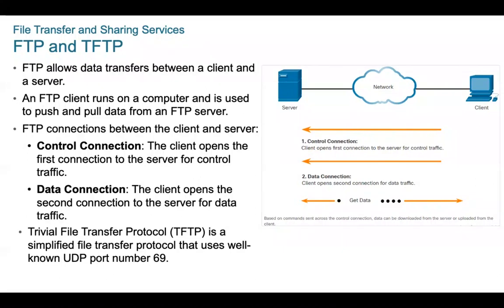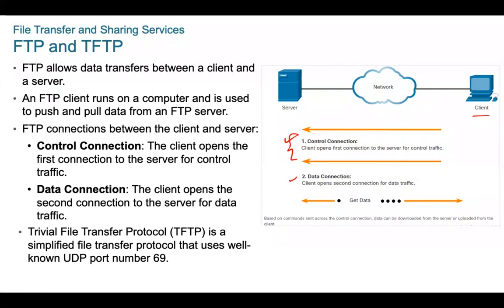One is for the commands and replies, which is the first connection that comes from your client, and the other is for the actual file transfer. So first the connection is established, where commands and replies, or control messages, are exchanged, and the second connection is used for the data connection.